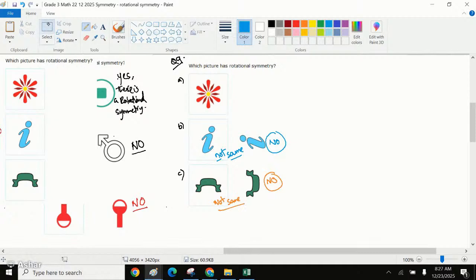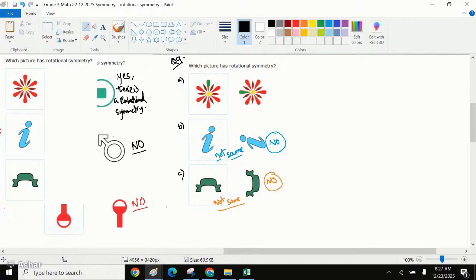What about the first option? I'll mark one of these boxes green just for the reference, so that we know whether even after rotation it will look the same or not. This was the shape and we rotate it like this. Do they look the same?